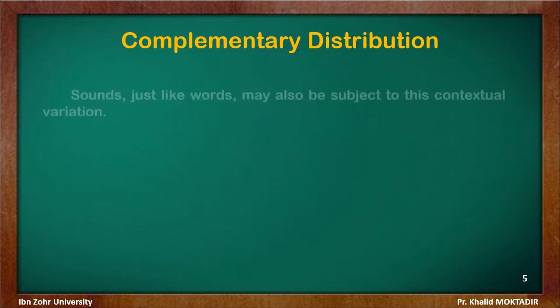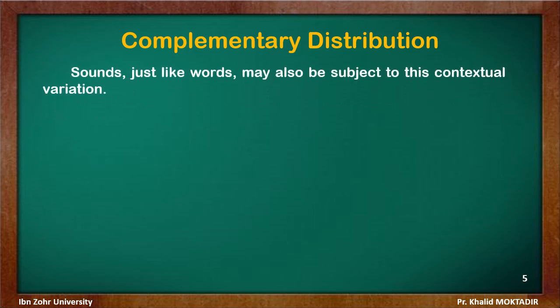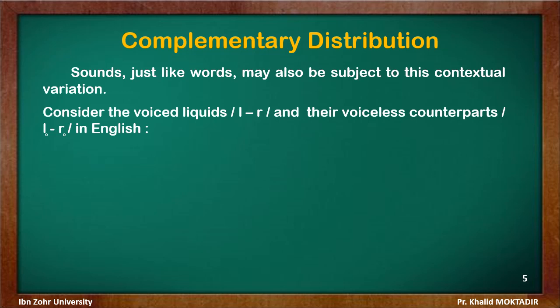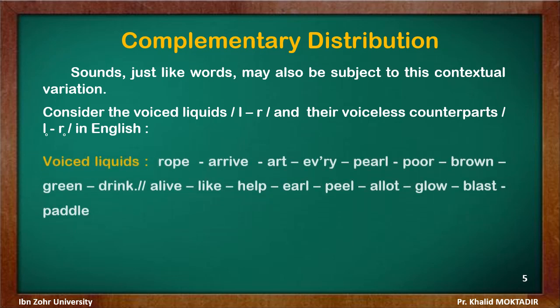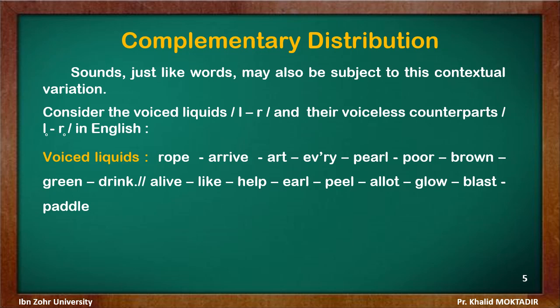Now let's get back to complementary distribution in phonology. Consider the following example from English where we can see the difference between voiced liquids and voiceless liquids in English. The voiced liquids include a variety of contexts here where we can say examples like rope in word initial position, arrive in intervocalic position, art between a vowel and a consonant, every between a consonant and a vowel, and so on.